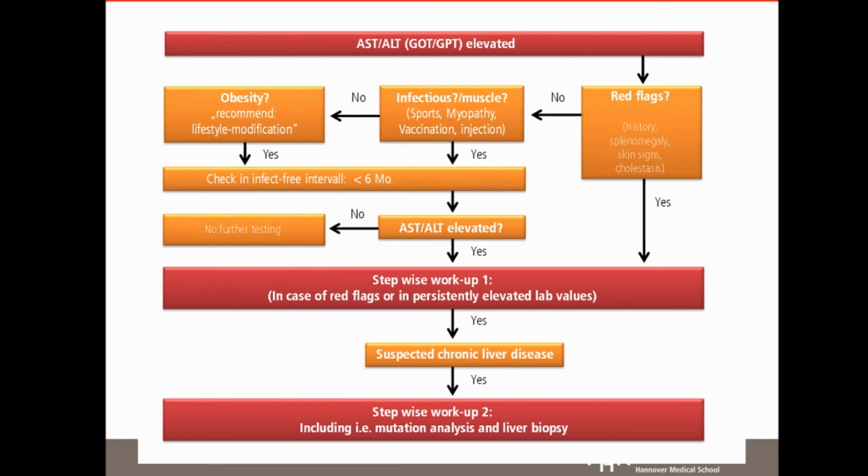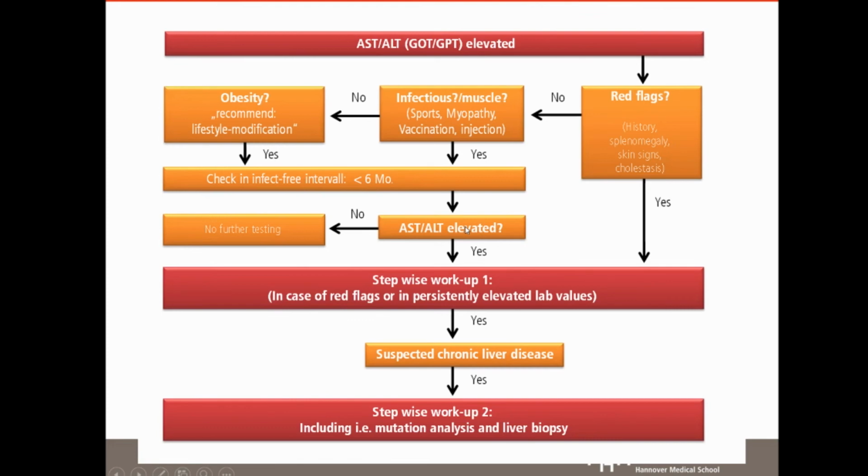Sports, myopathy, vaccination, injection, many reasons for leakage of the membranes. And then obesity, we heard, and if so, these patients need a lifestyle recommendation. They need to lose weight. Give it 6 months or less, depending on the clinical scenario, if you are concerned, but give it time.